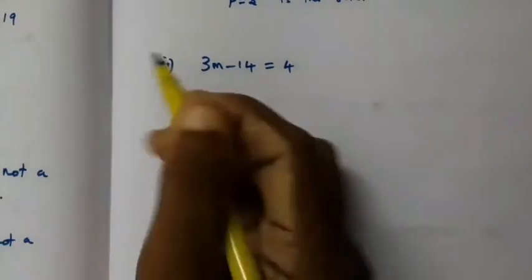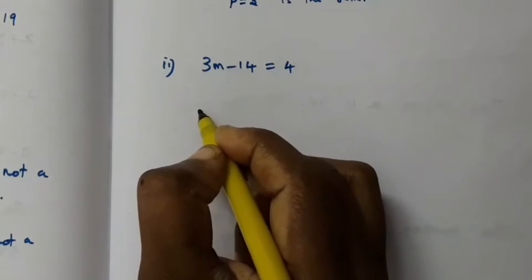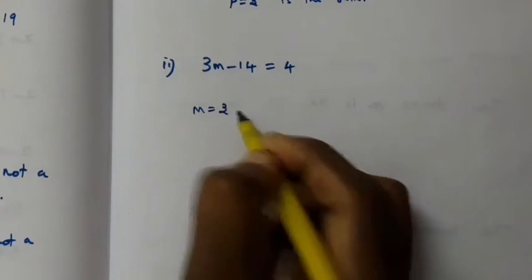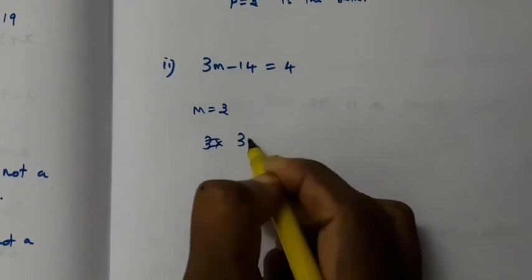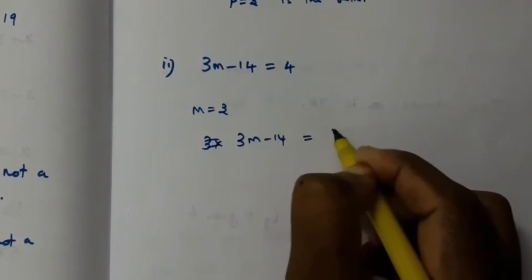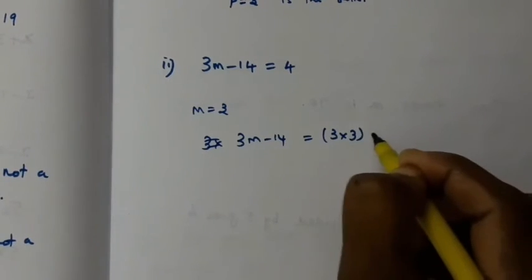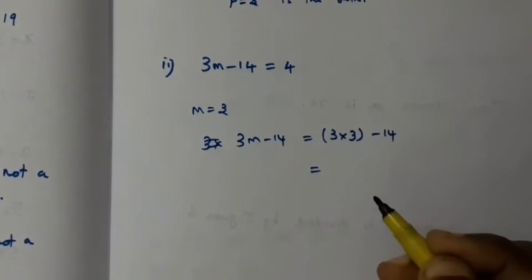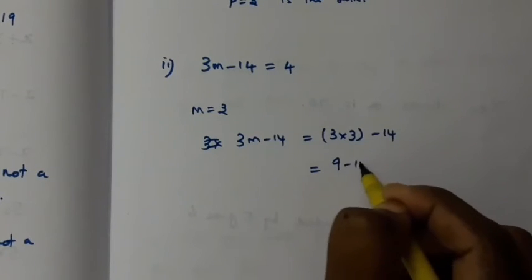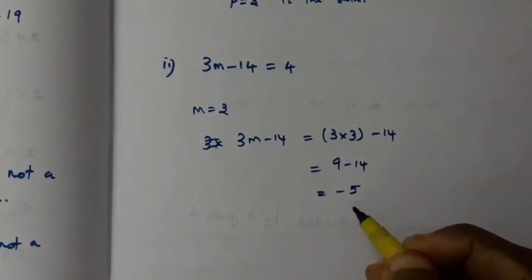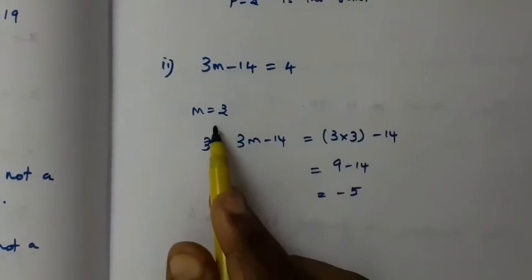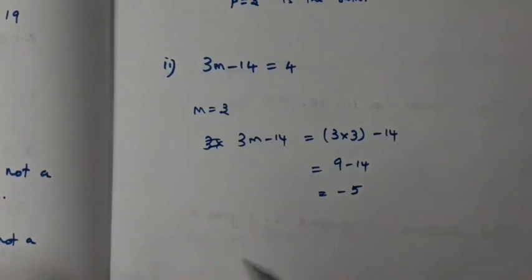Now the next problem is 3m minus 14 equal to 4. So let me take some random value, like m equal to 3. So 3m minus 14 equals 3 multiplied by 3 minus 14. 9 minus 14 is equal to minus 5. So minus 5 is not equal to this 4. So m equal to 3 is not a solution. Let me take m equal to 5.